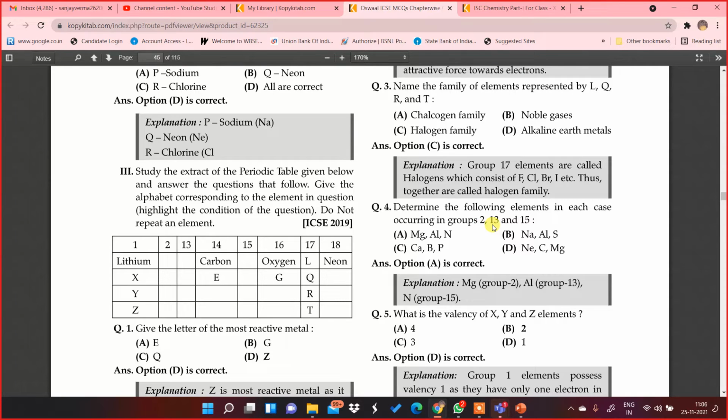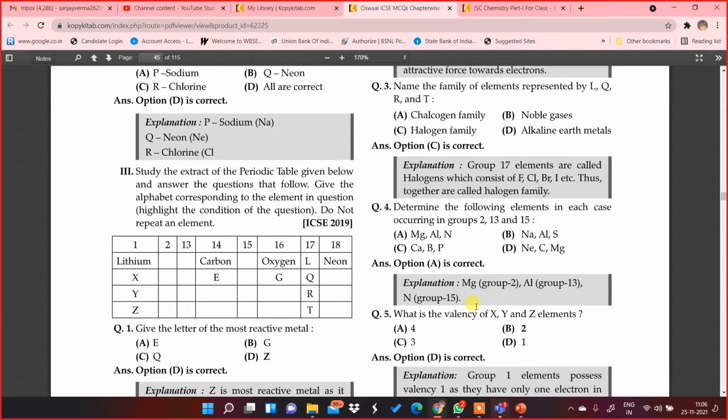Group 13 can be boron, aluminum, gallium, indium, thallium, so it can be aluminum. Group 15 is the nitrogen family, so it can be nitrogen, phosphorus, arsenic, antimony, bismuth. So the correct answer is A: magnesium group 2, aluminum group 13, and nitrogen group 15. That is question number 4. Option A is correct.